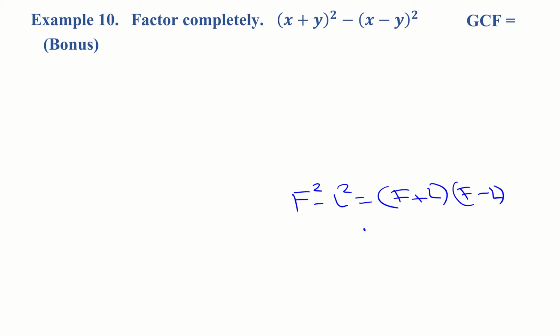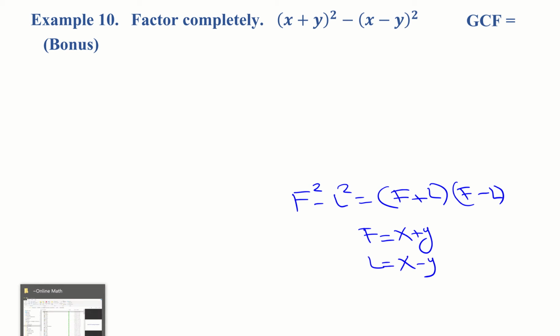So f, of course, here is being played by x plus y. L is being played by x minus y. So when we apply this formula with x plus y instead of f and x minus y instead of L, let's see what happens.